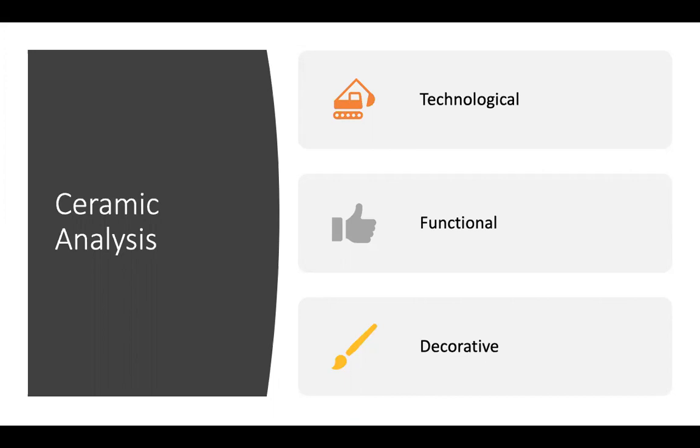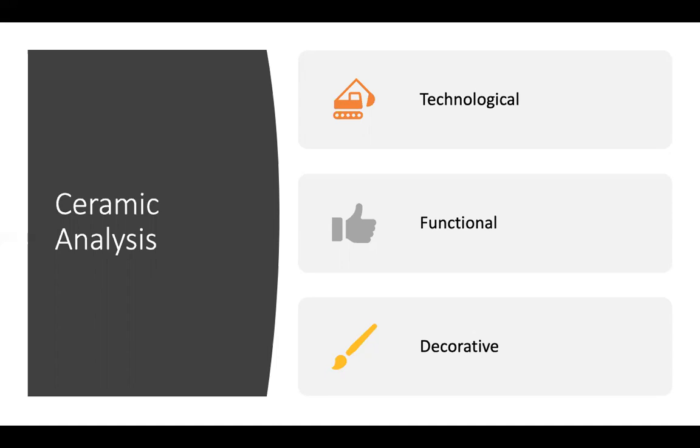three types of attributes. Pottery analysis includes identifying these three types of attributes, and technological is usually considered to be the sort of raw materials. You're going to think about what raw materials are being used to make ceramics, and you're going to ask yourself, what is the manufacturing method used to make a piece of pottery? In this case, some sort of vessel. Functional.